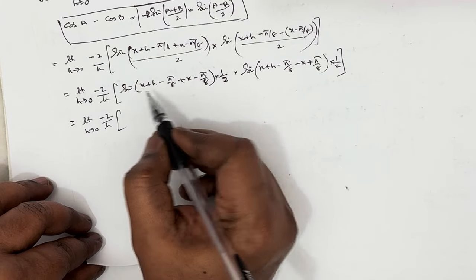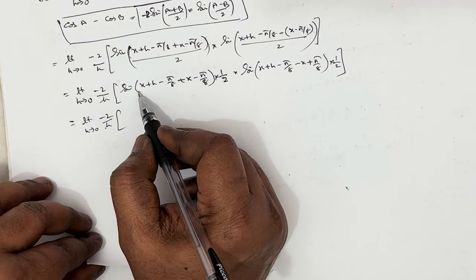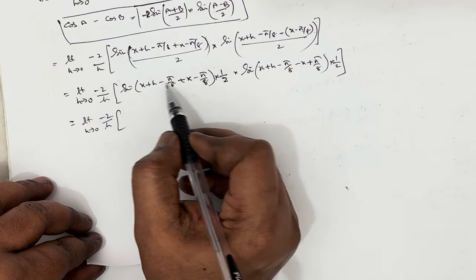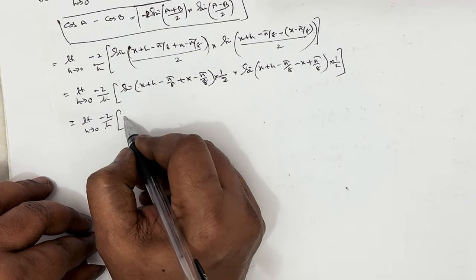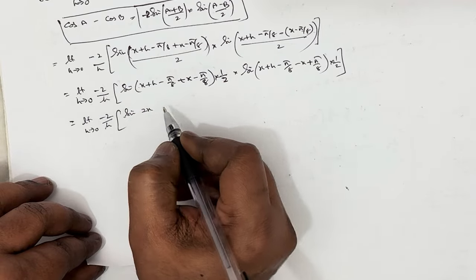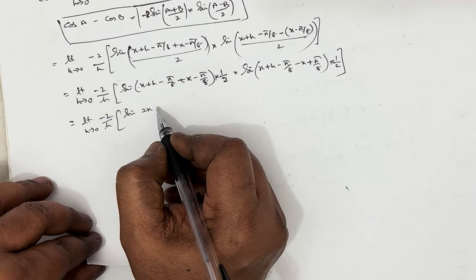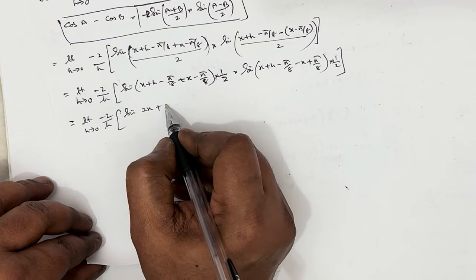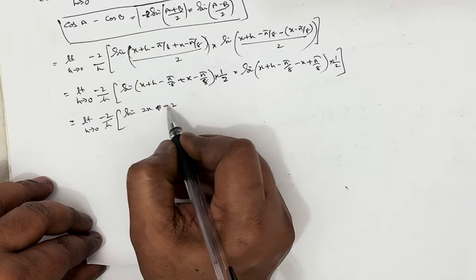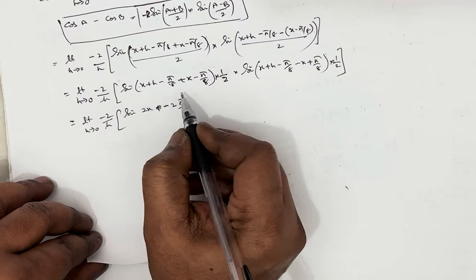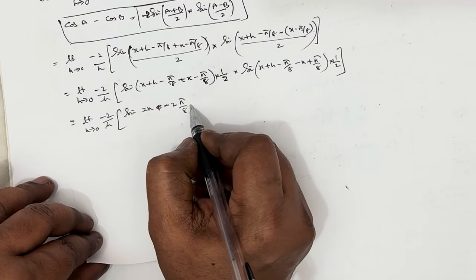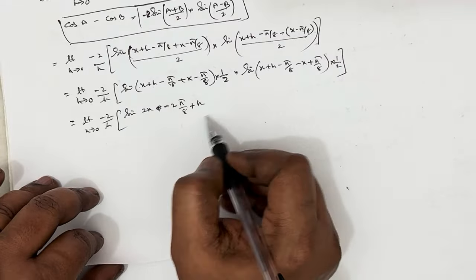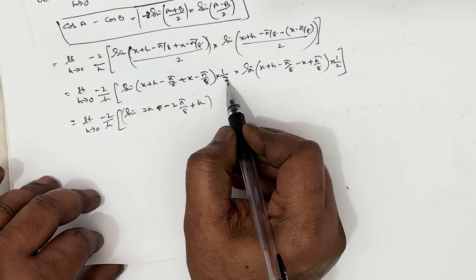Now we have limit h tends to 0 minus 2 upon h. You see, x plus x is 2x, so it can be written as 2x, plus negative pi by 8 and negative pi by 8, so 2 times negative pi by 8, and h, plus h, and you have multiplied by 1 by 2.